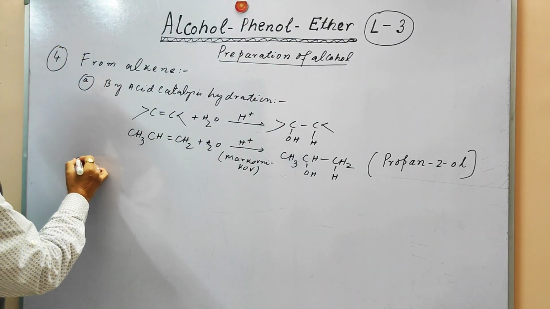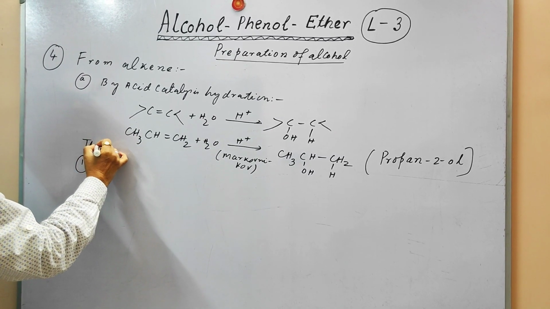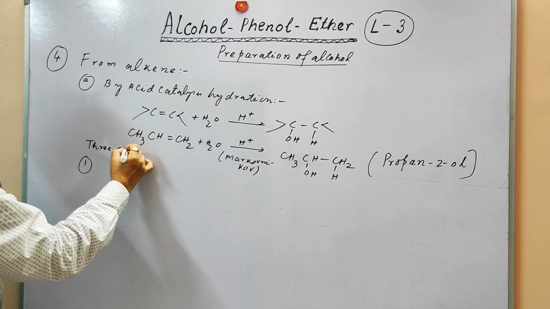And the mechanism of this acid catalyzed hydration of the alkene is basically 3 steps. You can write that the mechanism has 3 steps.